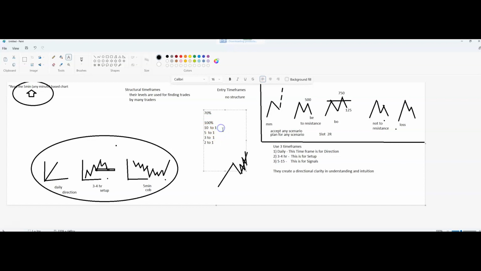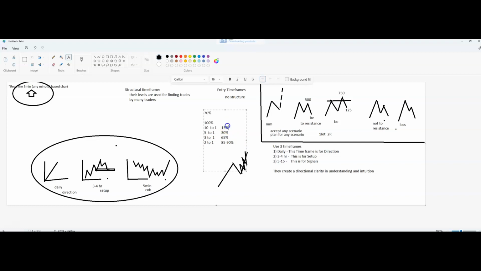Then it starts decreasing. For 10 to 1, only about 10 to 15% went this crazy amount. A lot of them, say about 30%, went to 5 to 1. Starts getting real high right here, about 65%. And then it should be 85 or 90% that did at least 2 to 1.